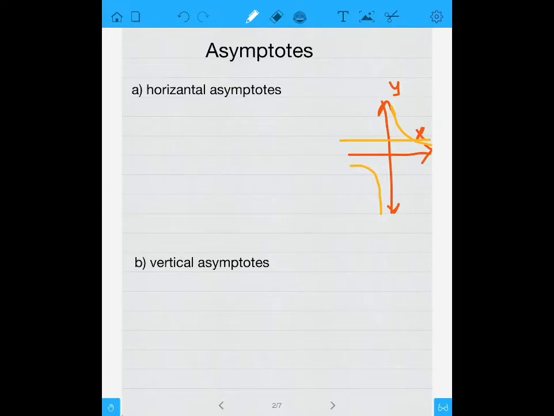This is the horizontal. How can you solve the questions for the limit? We divide by the highest power of the variable.